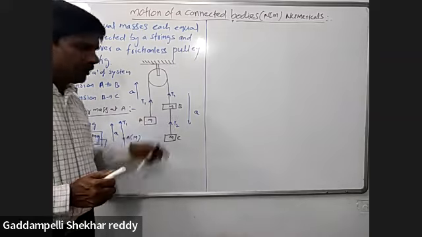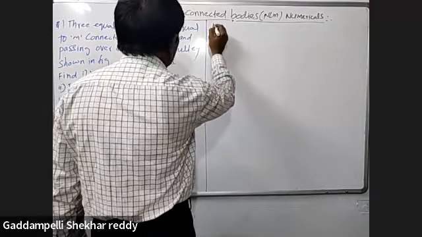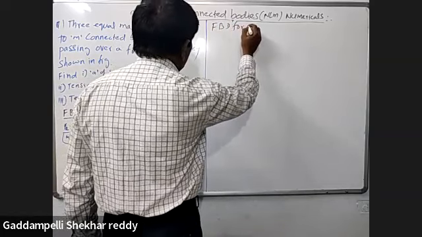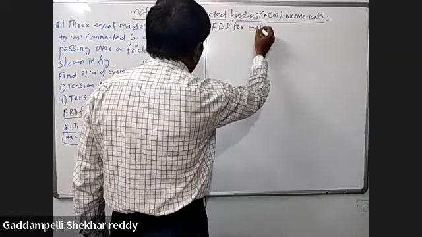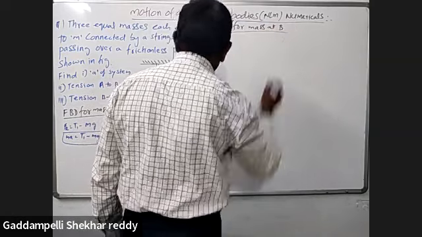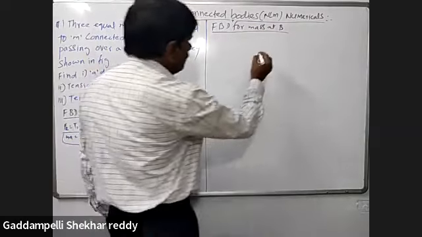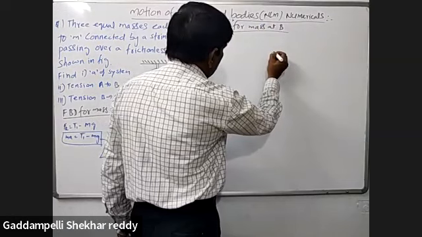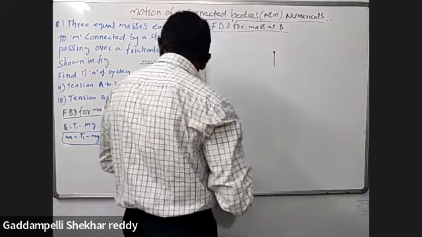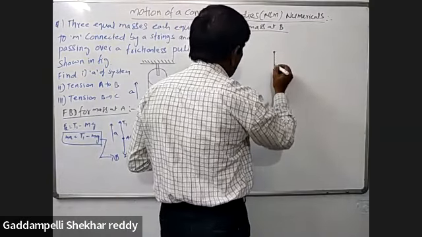Next, the free body diagram for mass at B. Same thing: the mass is isolated from the system, showing all forces acting on it, and the diagram drawn is known as a free body diagram.